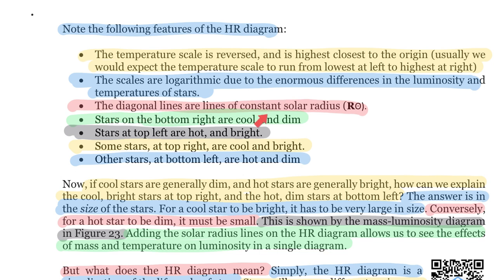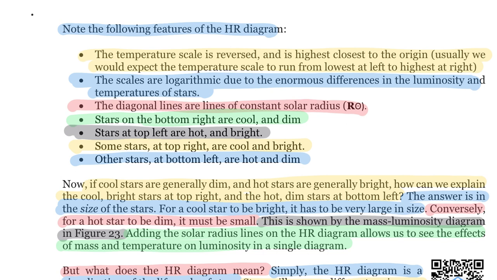The diagonal lines are lines of constant solar radius, as we've spoken about. Stars on the bottom right are cool and dim. Stars at the top left are hot and bright. Some stars at the top right are cool and bright. Those are your red giants, orange giants. And other stars bottom left are hot and dim, your white dwarfs.